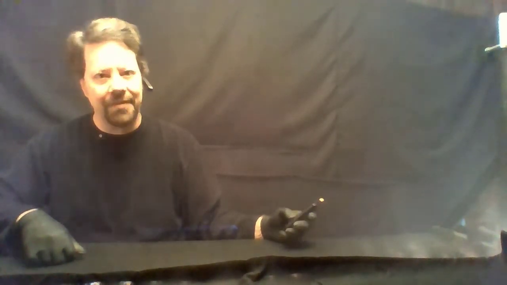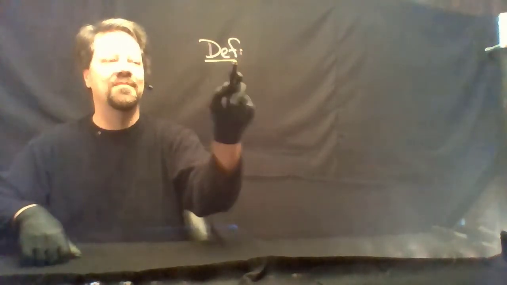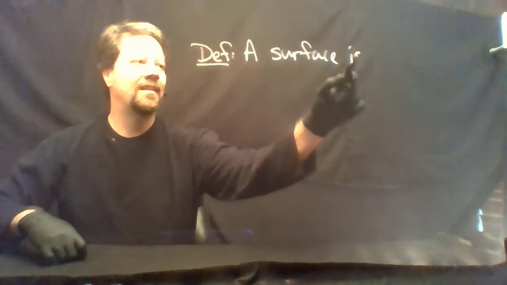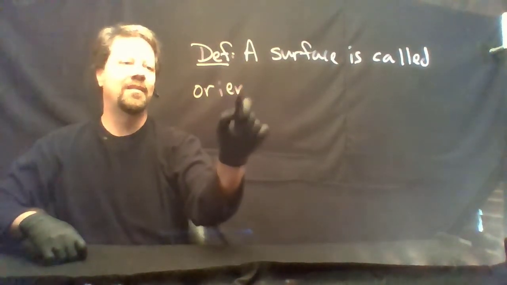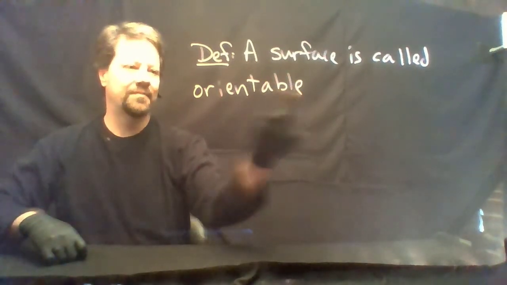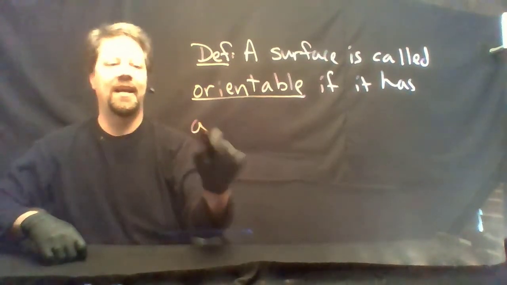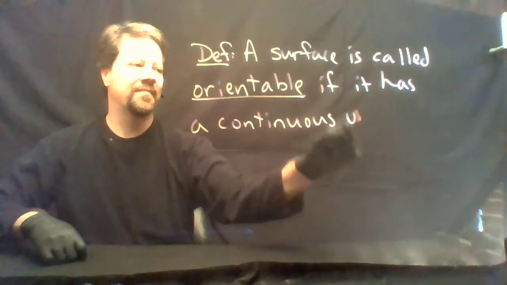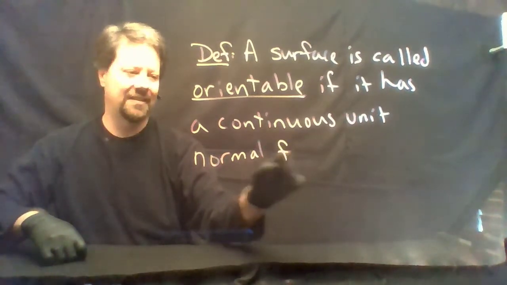For the purposes of our integral theorems, we will need to know that our surfaces are orientable. So I need to define what I mean by that. It is called orientable if it has a continuous unit normal field.